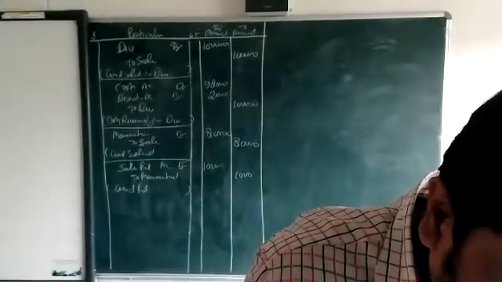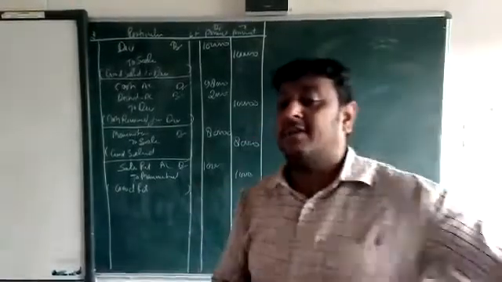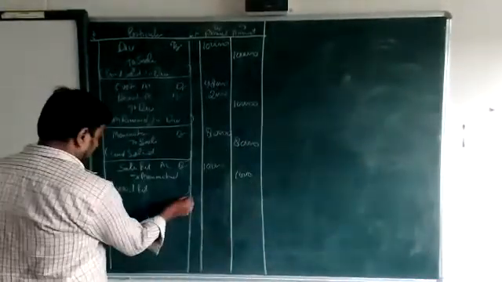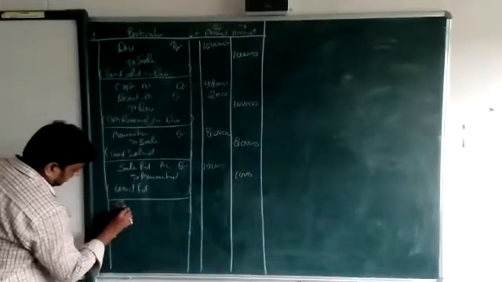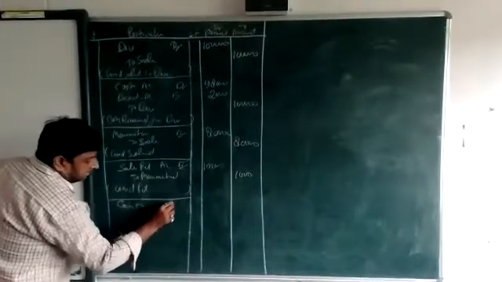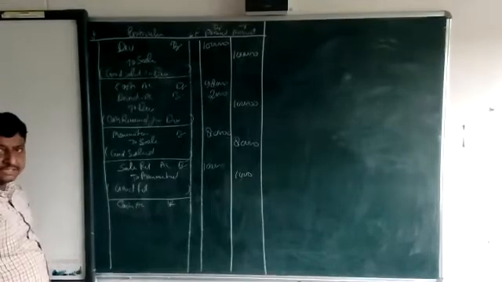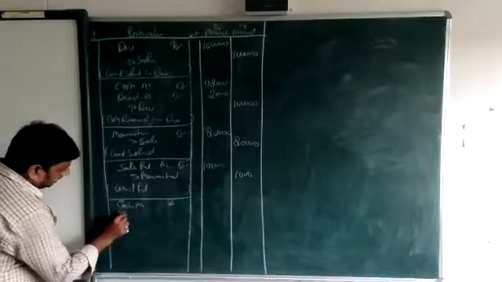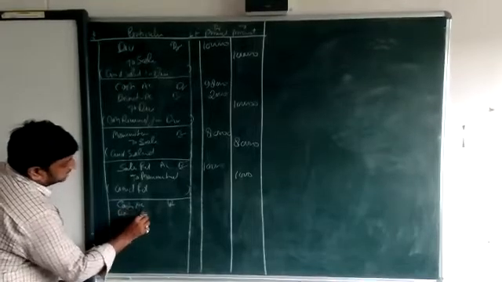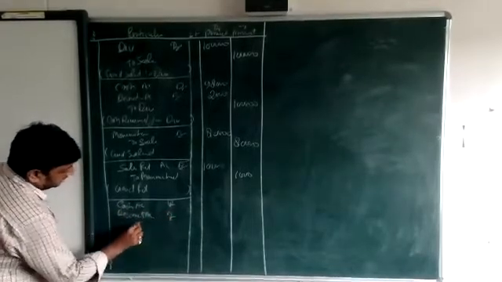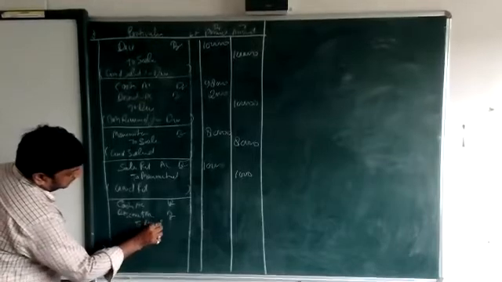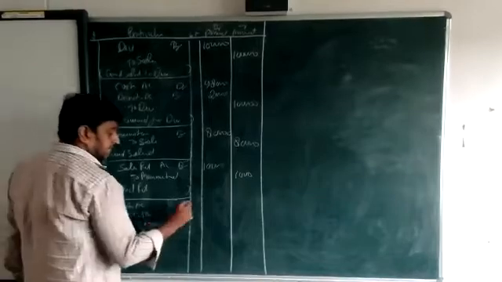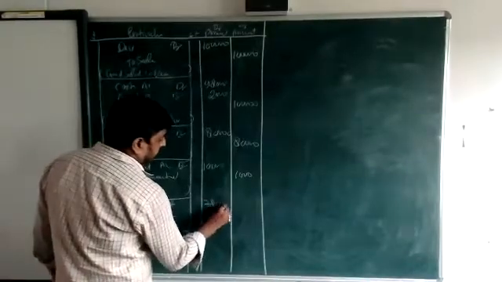Received from Manmohan in full settlement of his account. Again we are receiving from Manmohan for full settlement. Okay, we are receiving cash. It means cash account debit because we are receiving. Okay, beta. Then discount we have given. Discount account debit to Manmohan, and he has given only 78,000, beta.